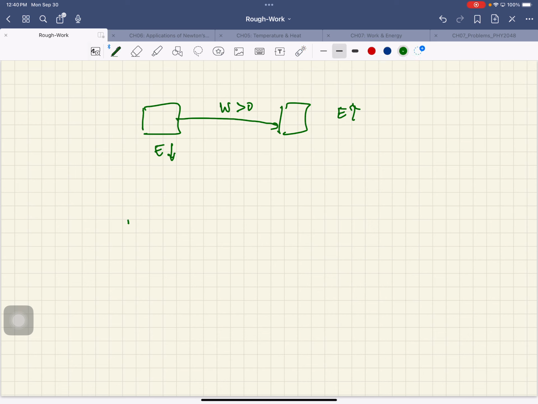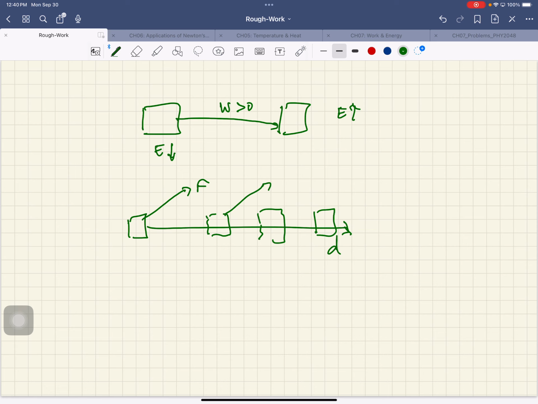If the object moved in a straight line and if the force was constant, what do I mean by the force being constant? As the object is changing position, as it's moving, the force acting on it remains the same.